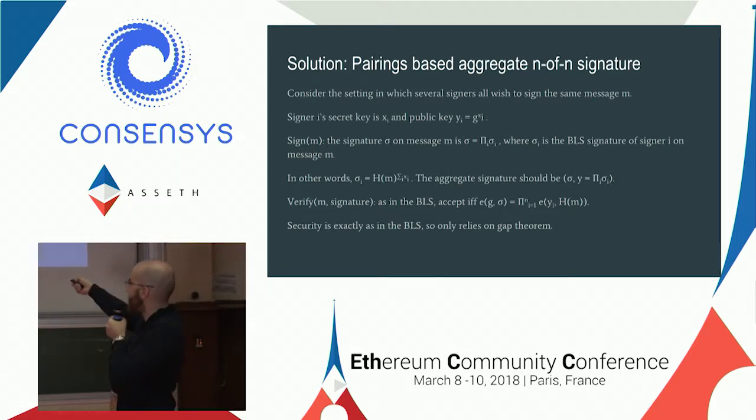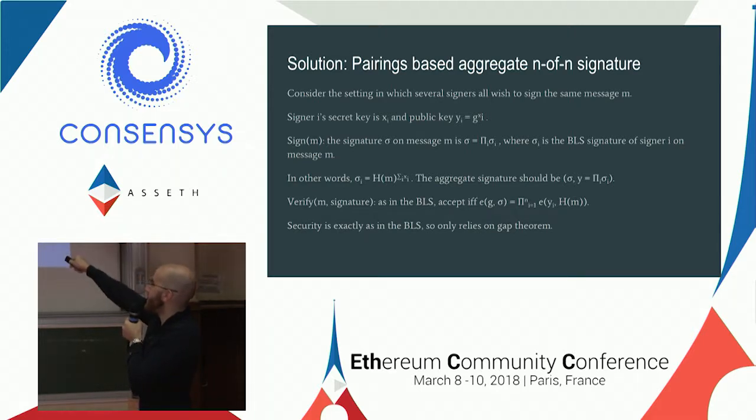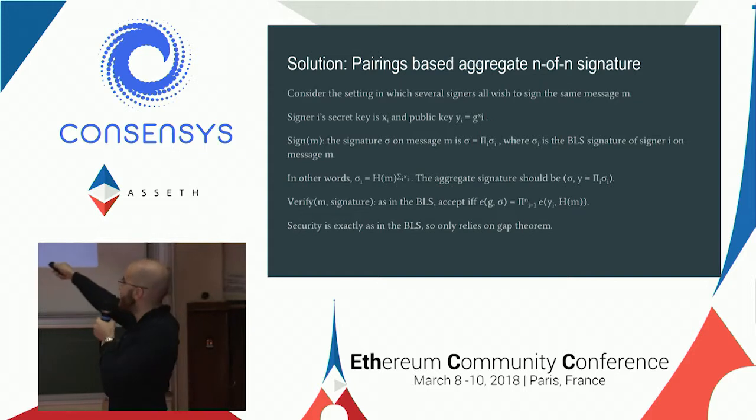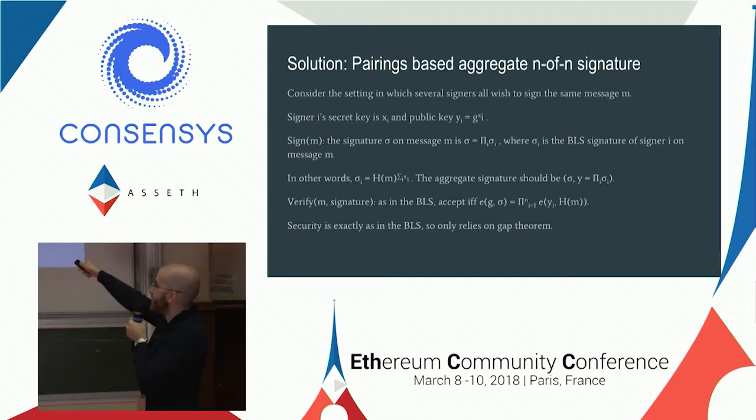And I know it's a bit hard to visualize this without a few more pages of math, but it's basically saying the same thing as this here, right? We take each individual signature and multiply it. Say that we had 10 signers, we would say sigma 0 times sigma 1 times sigma 2 times sigma 3 and so on, and that's sigma total, which is the aggregate.